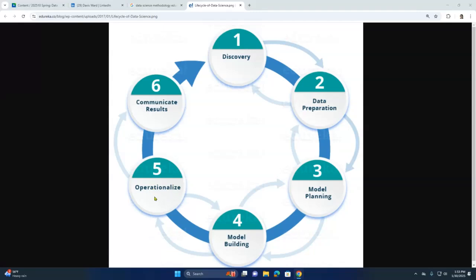This step 5, operationalize. Let me just explain what they mean by operationalize. How are you going to use your results? So Derek is a nice example. He's going to try to come up with a model that, if you feed it a retinal image, it'll produce a classification.